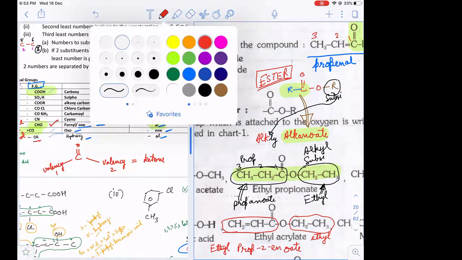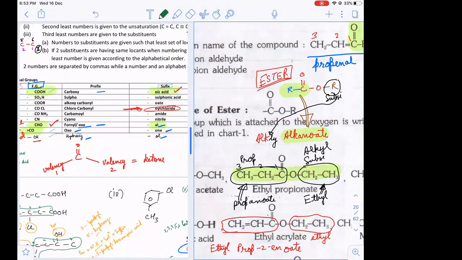Let's number it as well for your convenience: 1, 2, and 3. Please observe there is a double bond at 2, and hence prop-2-enoate. Please write down the correct name.